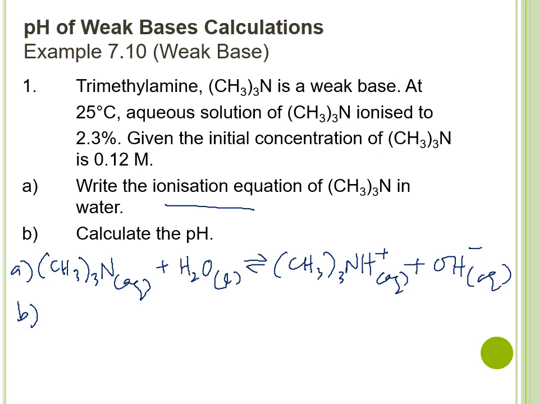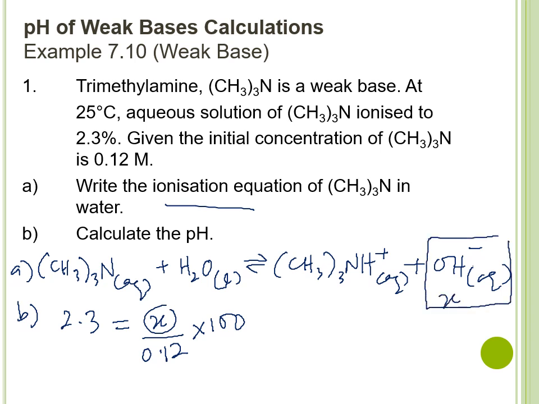B, calculate the pH. The question gave us the other way around from the previous question, so we're going backwards, starting from the formula of degree of dissociation. So 2.3 is X over 0.12 times 100%. We want to find X, whereby X is the OH minus.